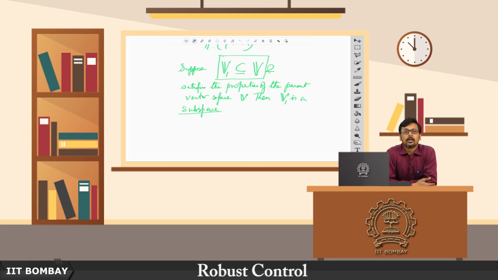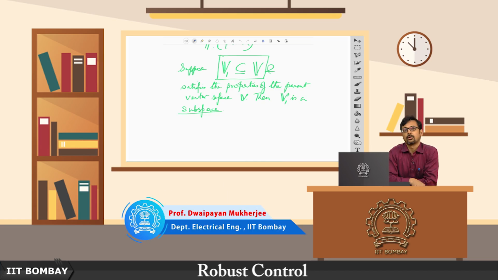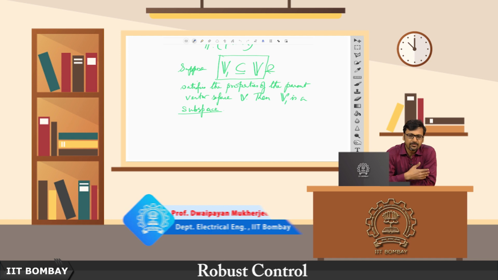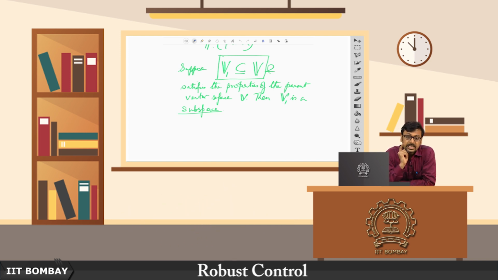Hello and welcome back to another lecture on this course called Robust Control. In the last lecture or so, we started doing a sort of refresher on topics from linear algebra.